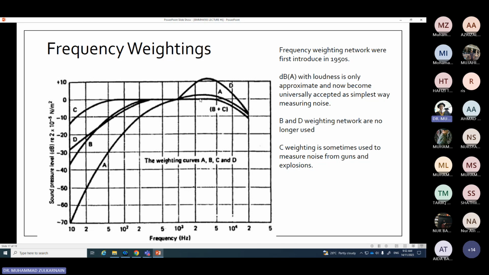So we hope the ear block will be near to zero decibel pressure. Yeah, that's what we call dBA.